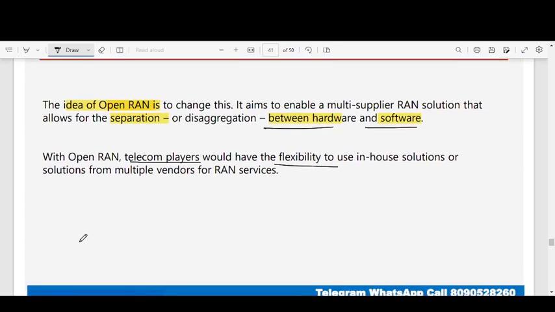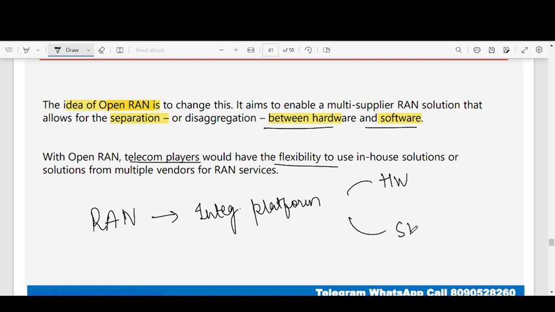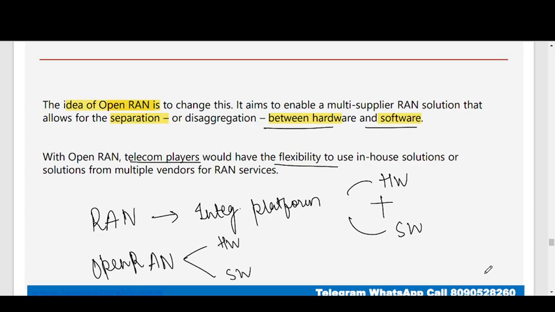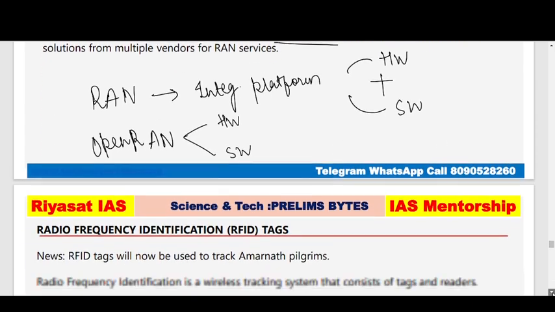What I have said is that in the RAN they are providing an integrated platform. What integrated platform? That hardware will also be there and software will also be there. But this Open RAN has provided a separate platform for hardware and software, so everything got segregated and traffic free. Clear? This is your idea.